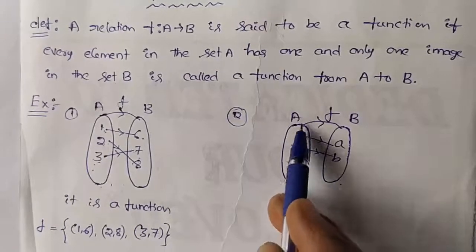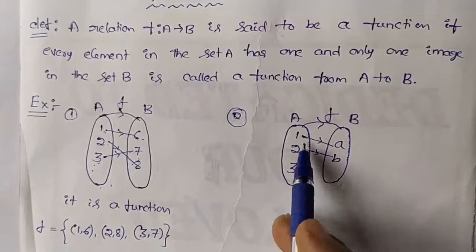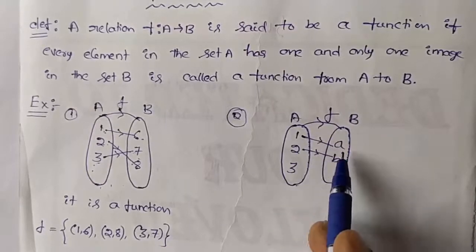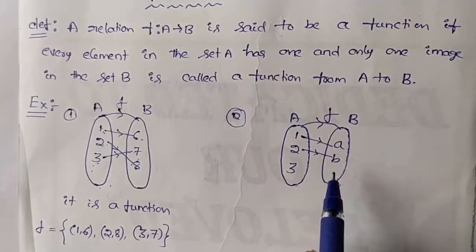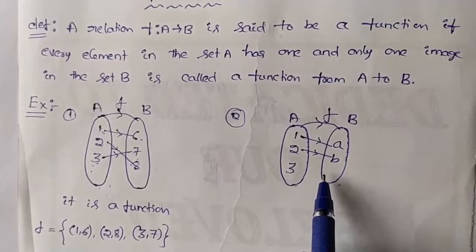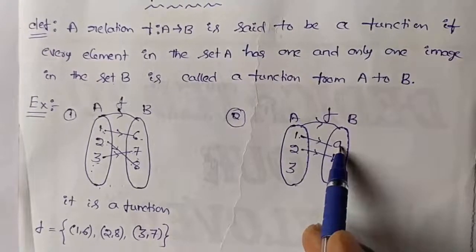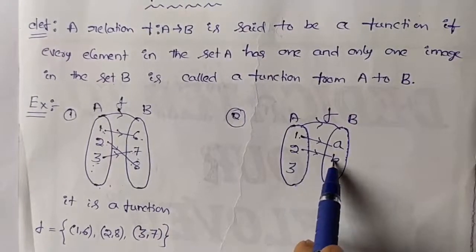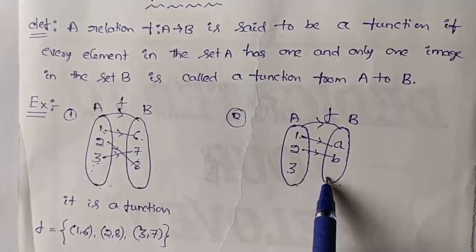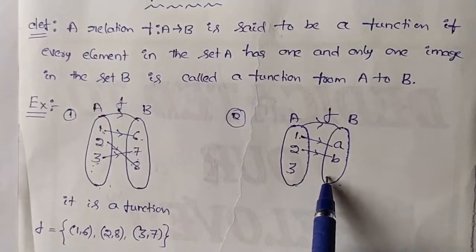Let us verify. Every element in the set A has one and only one image in the set B is called a function, right? 1 has only one image A, 2 has only one image B, 3 has no image. Therefore, is this a function?